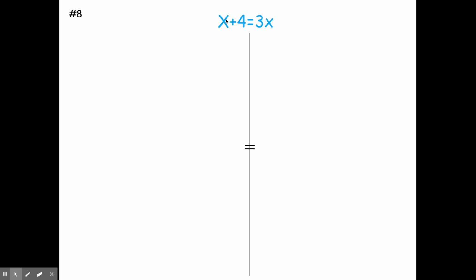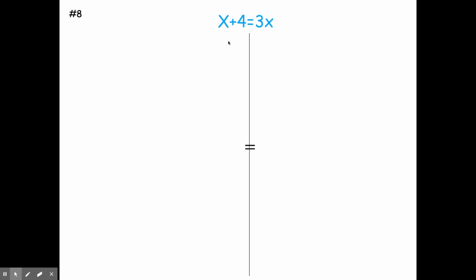Again, we're not solving right now. All we're doing is modeling this equation. Okay, that's it. So all I want to be able to do is use my algebra tiles to represent this equation right here. So let's read what this equation says. It says x plus 4 equals 3x. Okay, again, x plus 4 equals 3x.